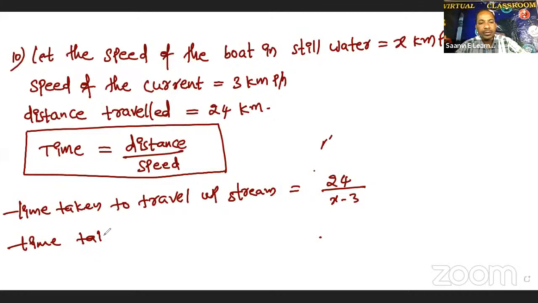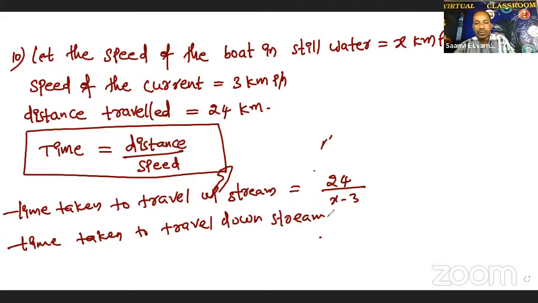Next, the time taken to travel downstream is equal to distance by speed. The distance is 24 kilometers, the speed is x.